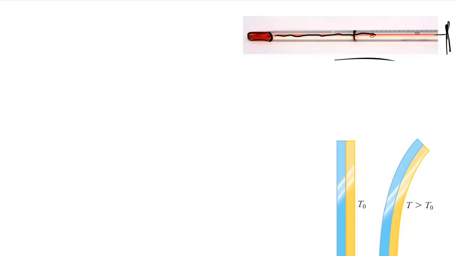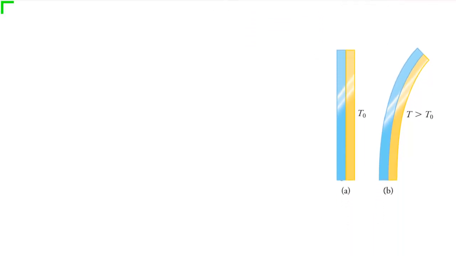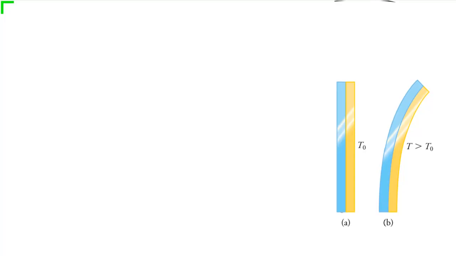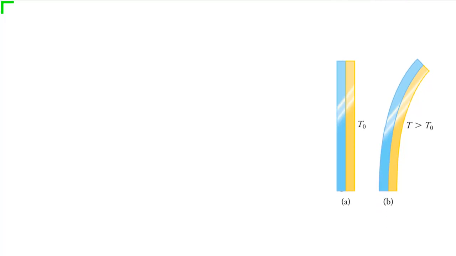Another instance of thermal expansion that we use, like in households and thermostats, is shown here. We have this strip that's bimetallic. There's two different metals here. We have a blue metal and this golden metal. Now, when they're at some reference temperature, T naught, they're both the same length.